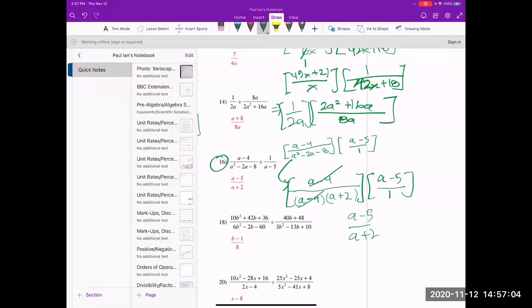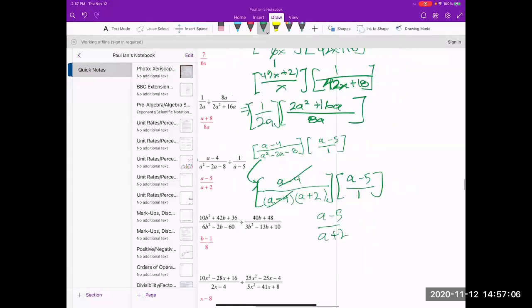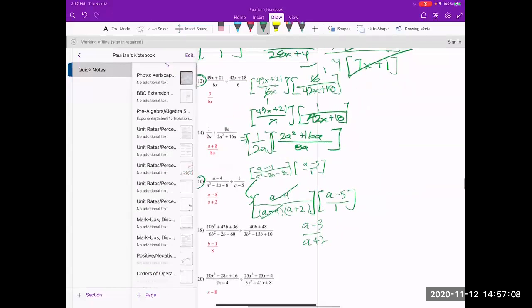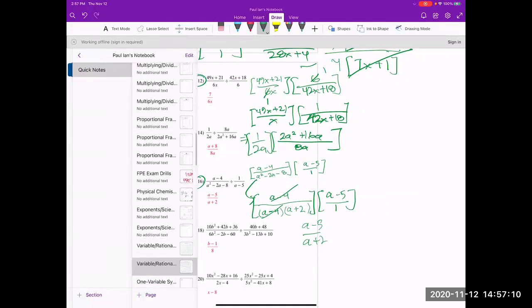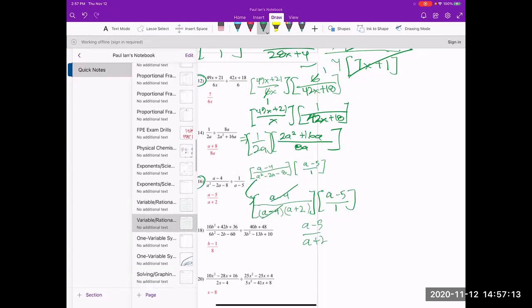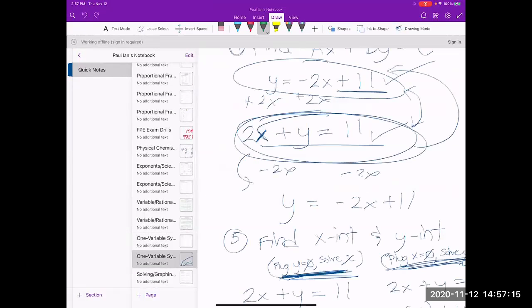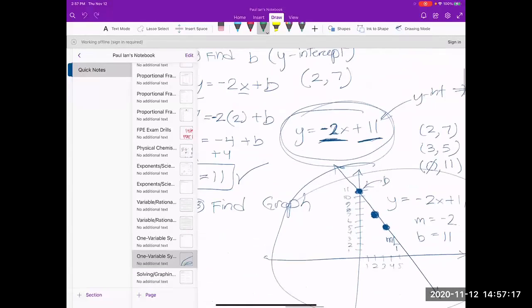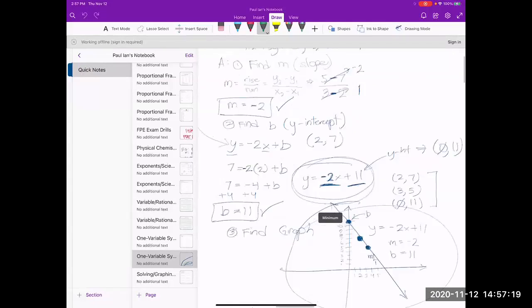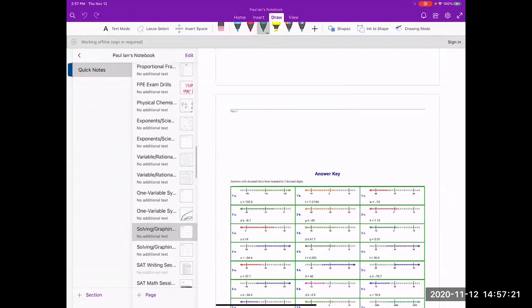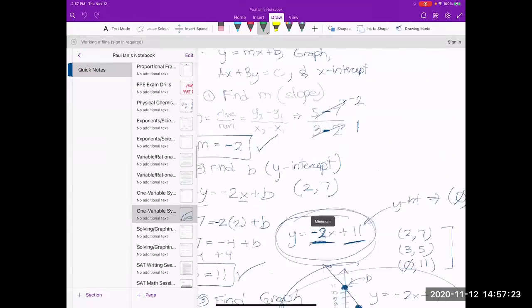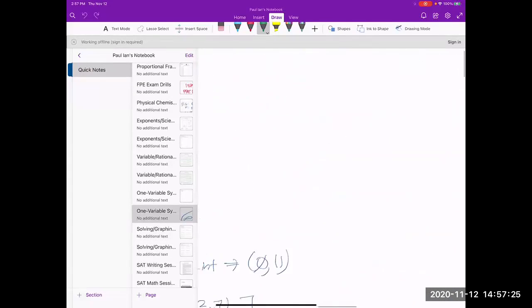We'll move on to the line. So let me see. Where did we put the line one? For the line things, which ones did you not understand? Like on this, you did some of the worksheets, right? Yeah. I did both of them. Okay, there's a couple of them. Which one did you do?